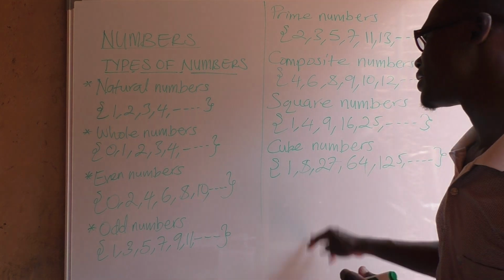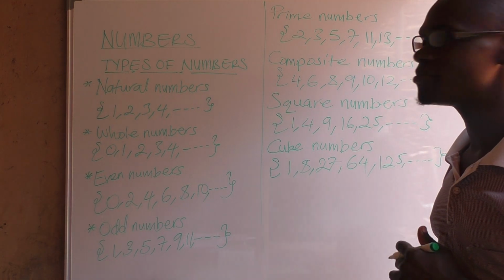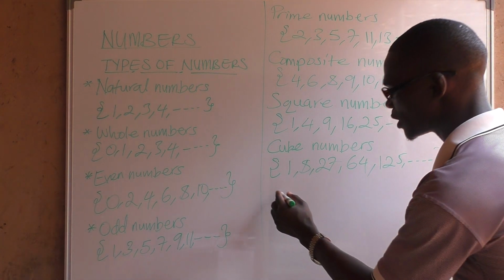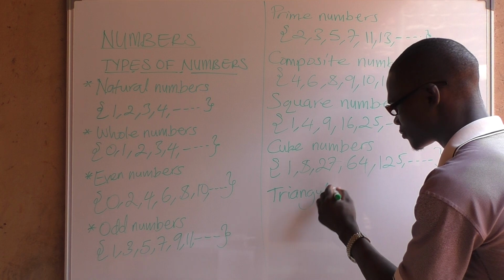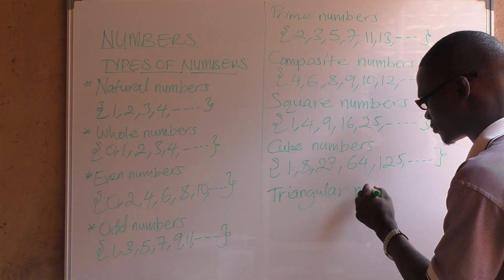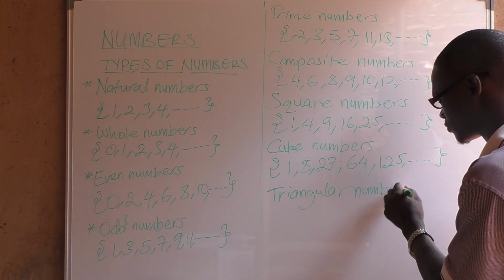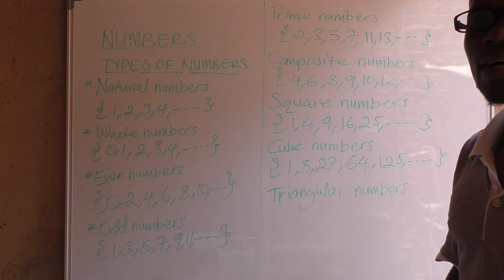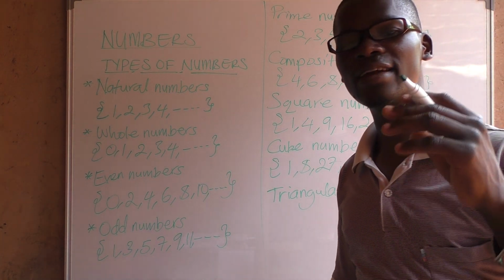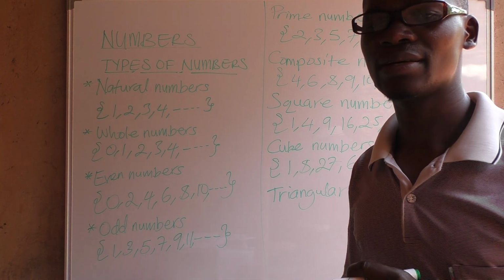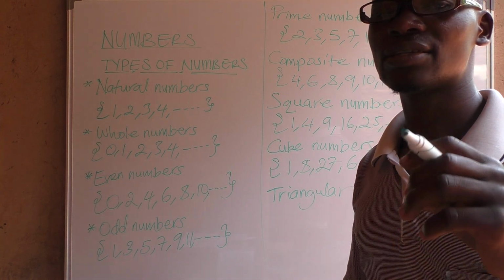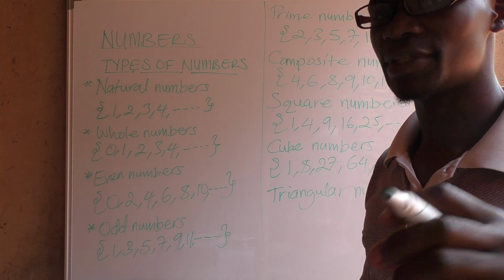Our last type of number is triangular numbers. These are numbers that can be represented by a triangular pattern of dots.